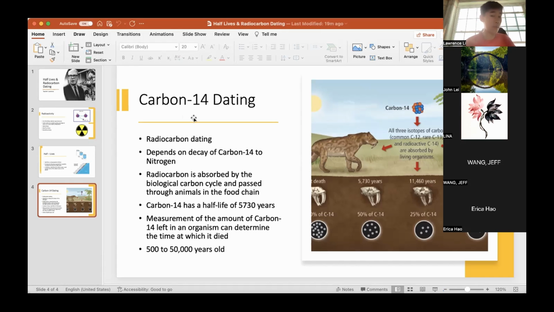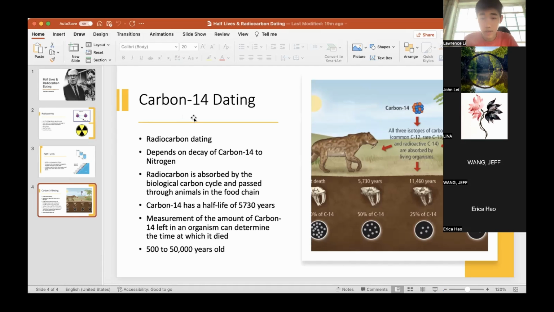Carbon-14 is present in the biological carbon cycle. Basically, carbon cycles through the food chain. When organisms are alive, they absorb this carbon and it is kept in their bodies. However, when these organisms die, they stop absorbing carbon-14.